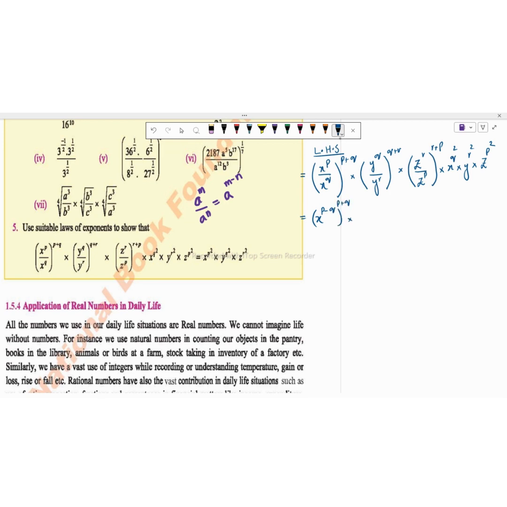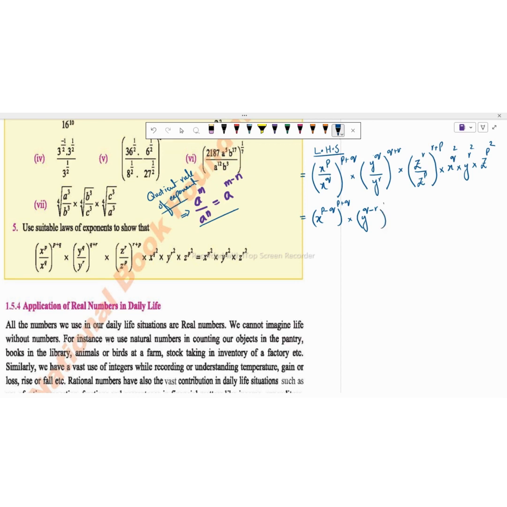Same we will do inside this bracket. So y^q, and this exponent will go in the numerator, so it will become minus r. It's an application of this quotient rule of exponents.